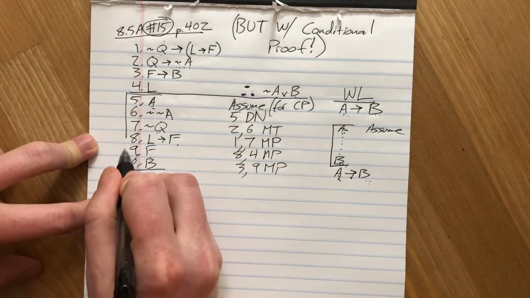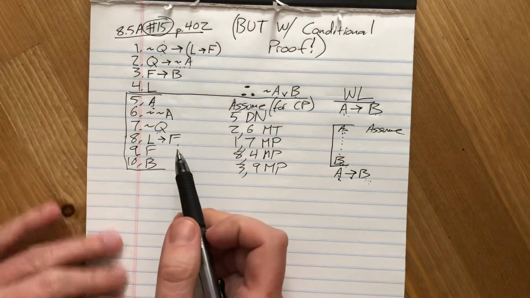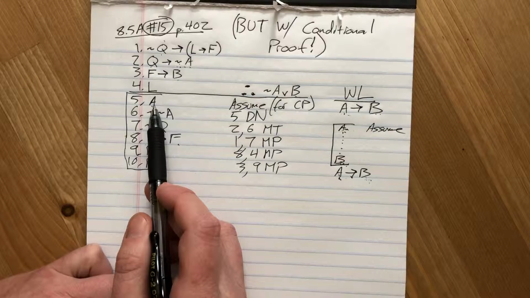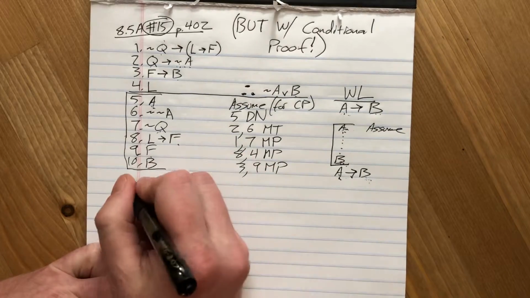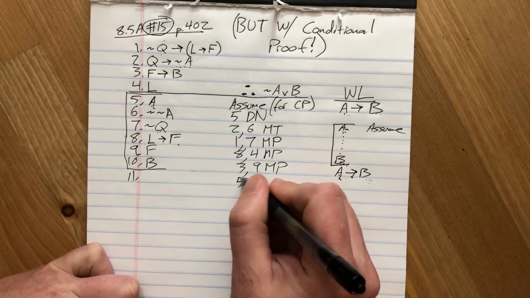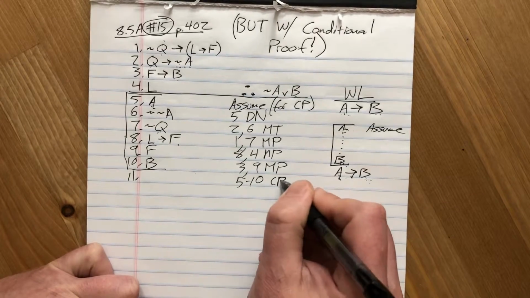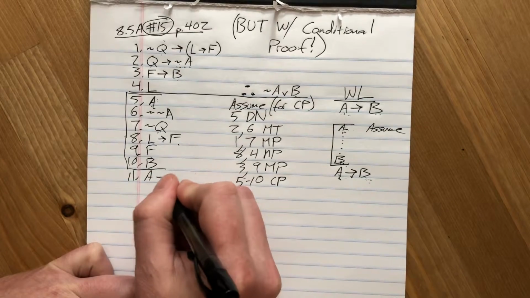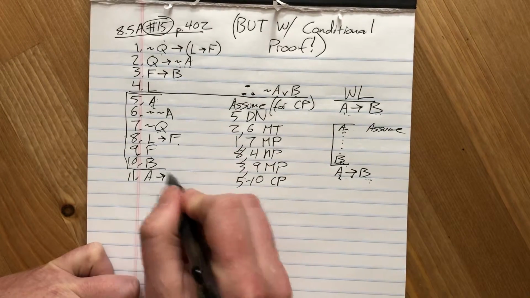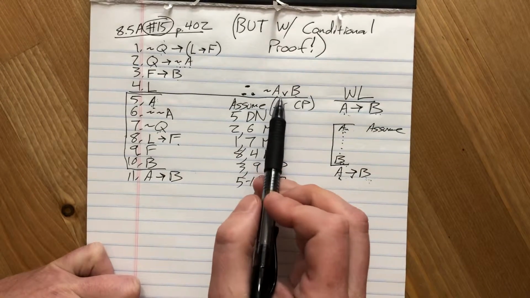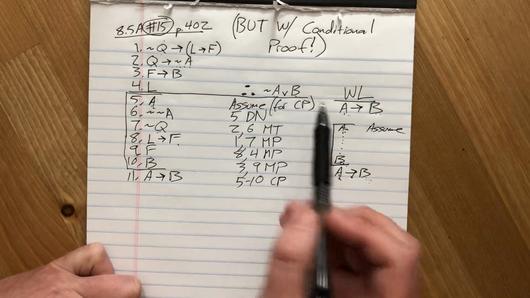So now we can close our box, which was all based on the assumption if A, and by conditional proof, 5 through 10 CP, we've shown that if we assume A, we get then B, which we're not quite to our conclusion yet.